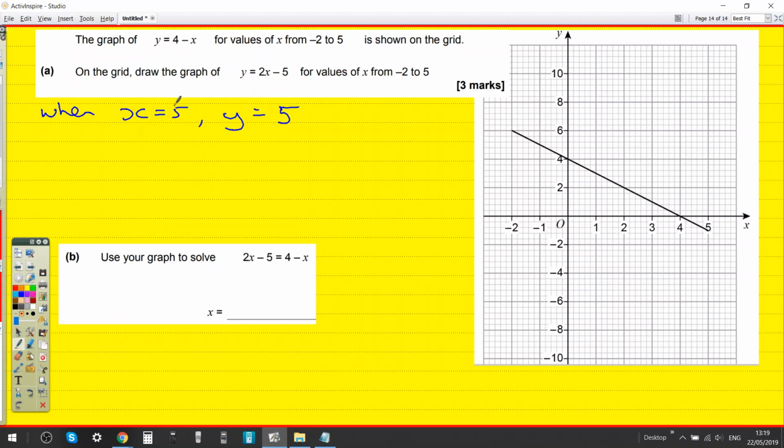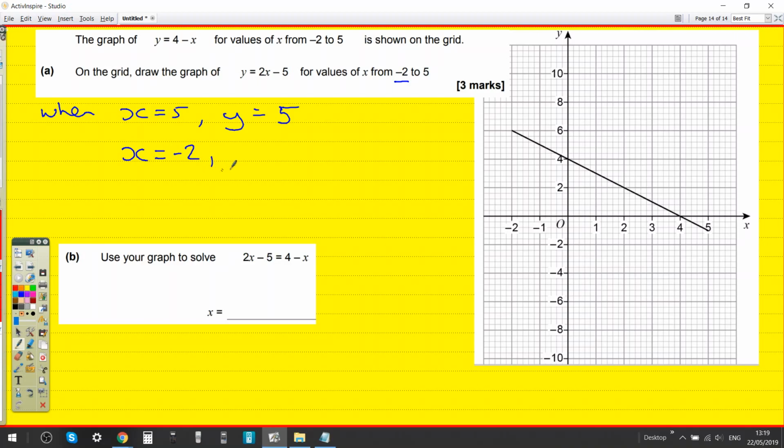So you said when x is 5, y is 5. Right, x is 5, y is 5. And so now you would sub in minus 2.